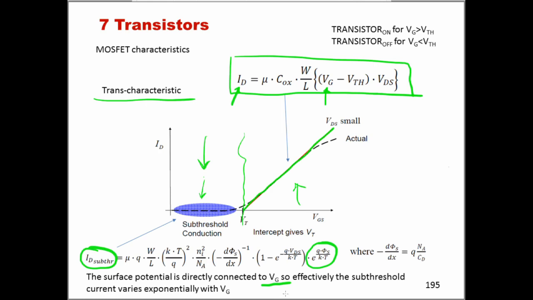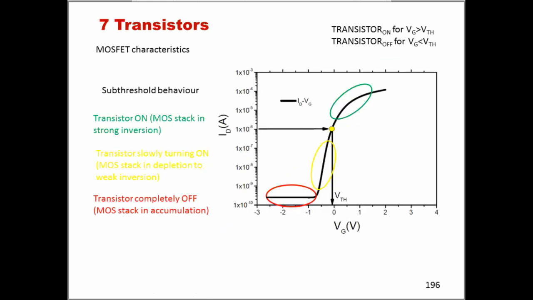And this is what we see, that in the sub-threshold region, the current through the drain and source region is exponentially dependent on Vg. And this is what we see here. So here we plot the trans characteristic using a log linear scale. The Vg is plotted on a linear axis, but ID is on a log scale, so that we can see better the sub-threshold region. That is the one represented on this side of the plot.